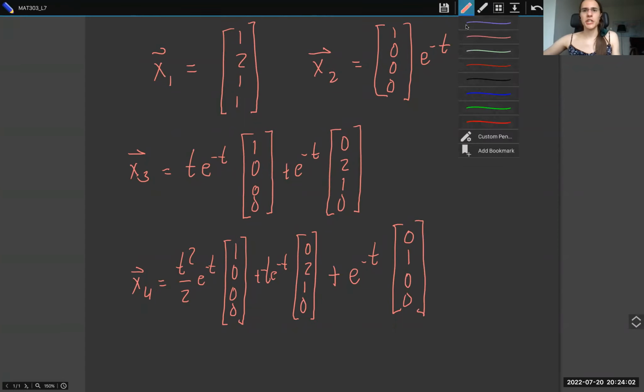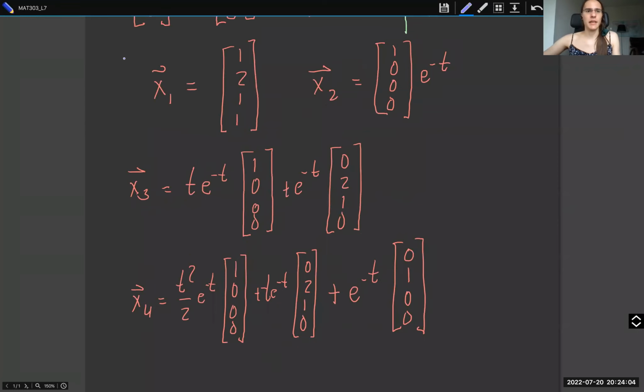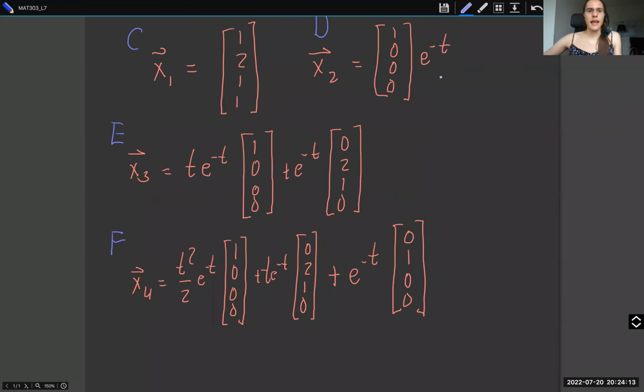Okay, so let's associate this with the constants c, d, e, and f. And let's see, basically every single one of these contributes to the first entry, right? So we're going to get that x is equal to, then let's see.